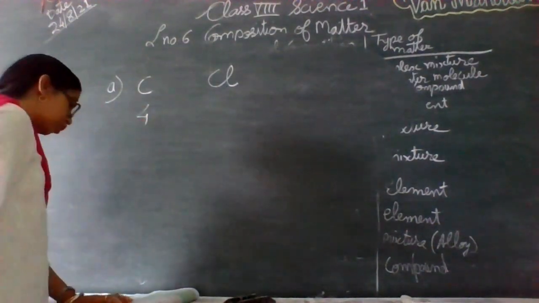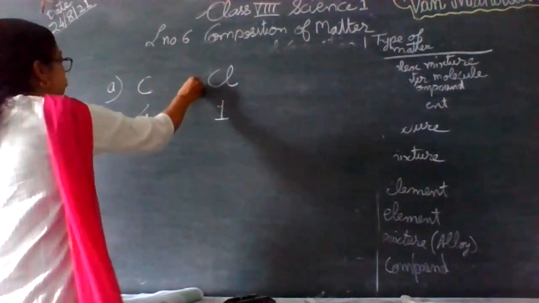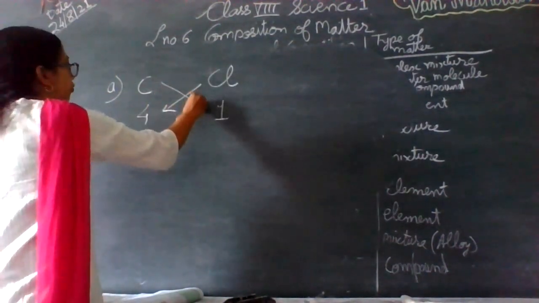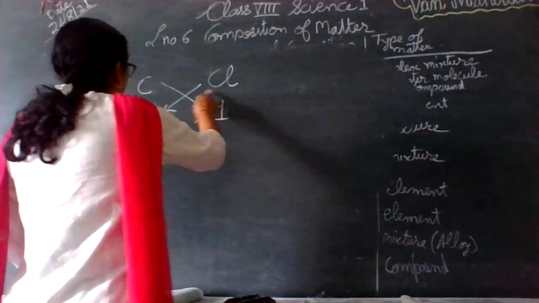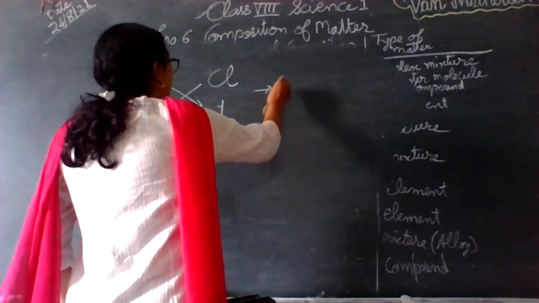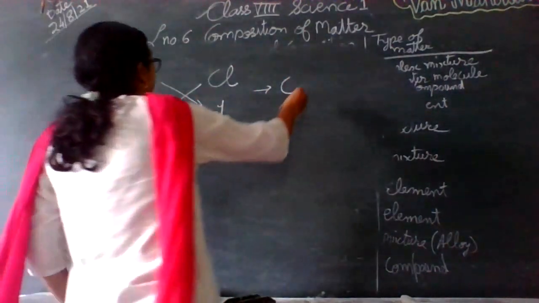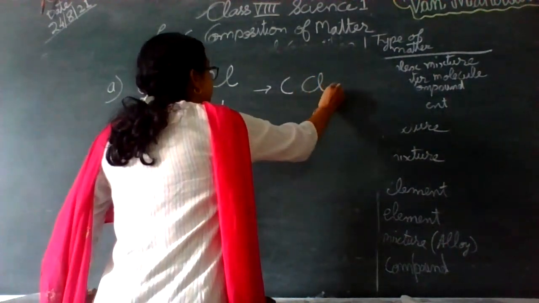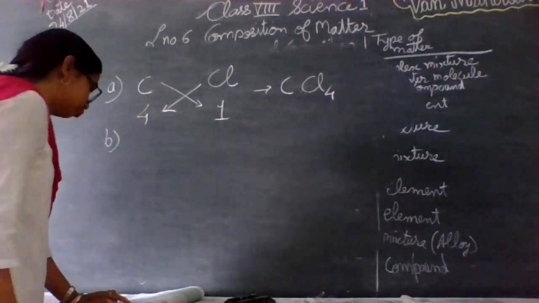Carbon is having 4 and chlorine is having 1. In that case, to make the formula, we know we have to go with cross multiplication. We get C into 1 is C and Cl into 4 is going to be Cl4, so CCl4. That is the formula that we can deduce.